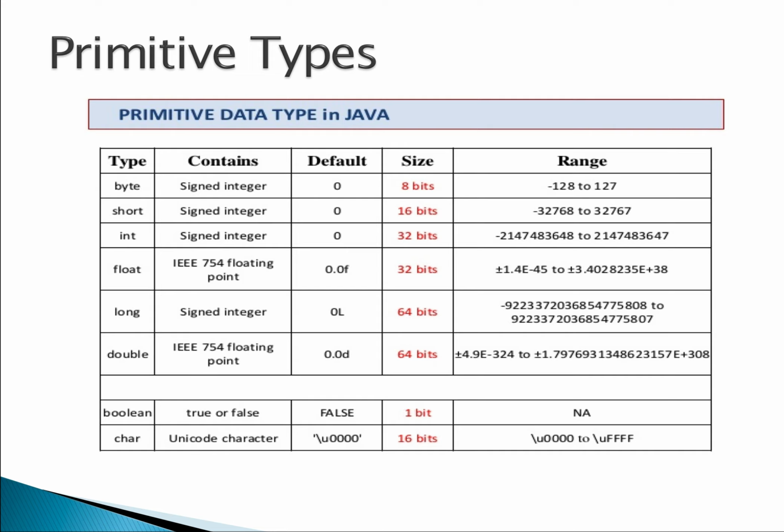If I wanted to go beyond 127 or minus 128, I would go for another data type like short. Suppose I want to represent 200, I cannot do it with byte, because the byte range supports only minus 128 to plus 127. So I have to go with a bigger data type, which is short, which offers me 16 bits of memory location. If I want to go beyond that, like 32767, then I have to use the integer data type, int, which gives me 32 bits of memory location.